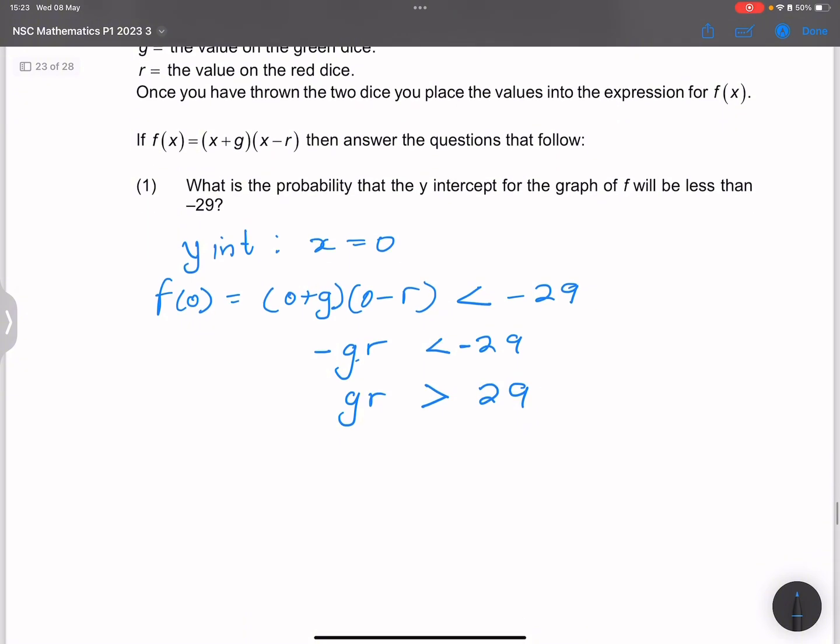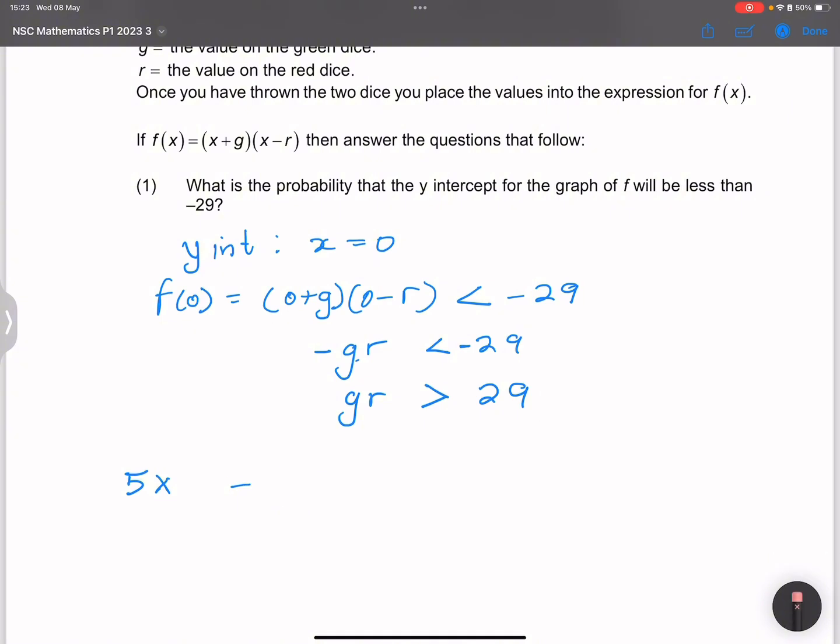Now, I want us to really think about it, ladies and gents, right? If I threw, let's say, a value of 5 and 4, right? So what does that give us? 5 times 4 gives us 20, right? So in this case, it should definitely be a value that is greater than both those combinations, right?